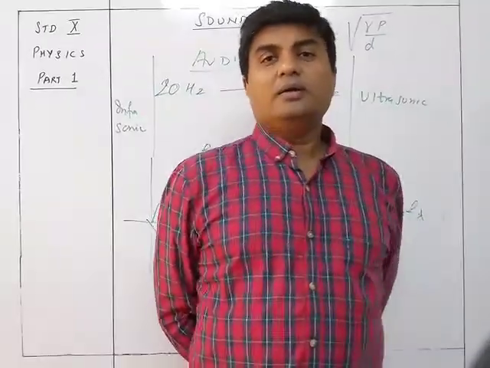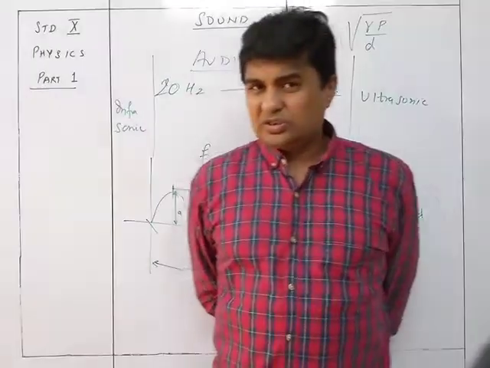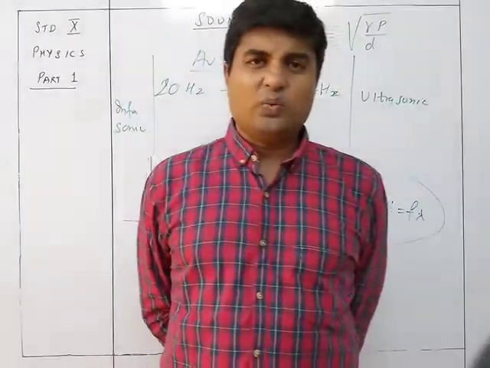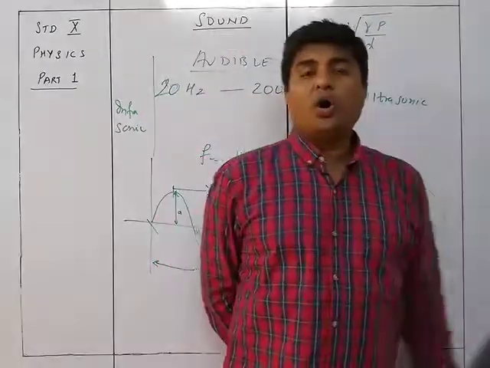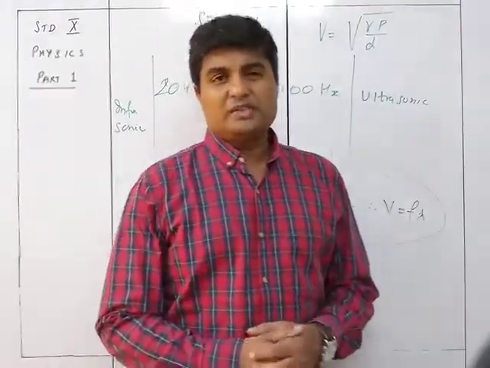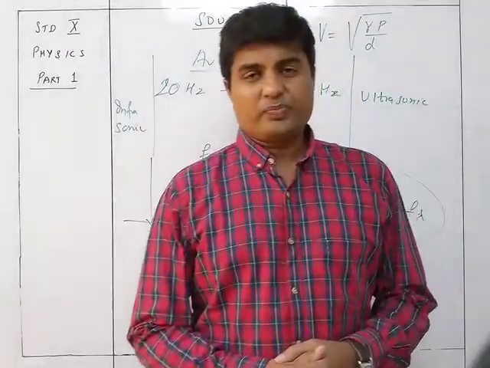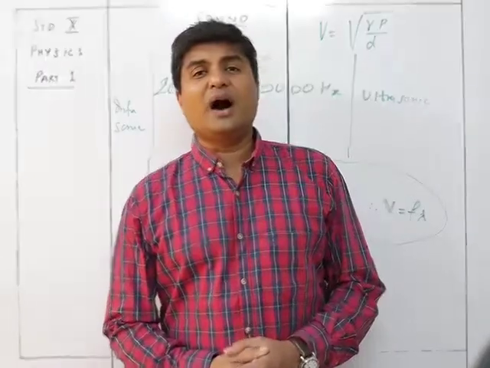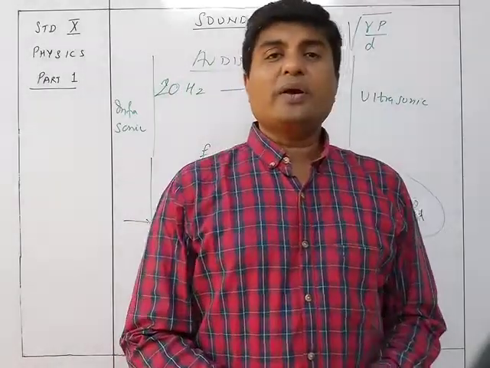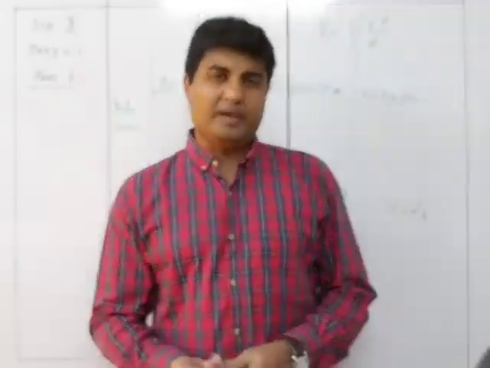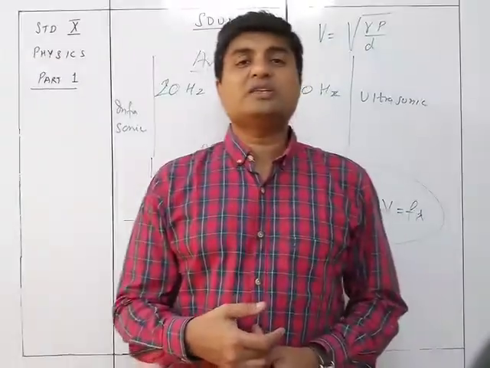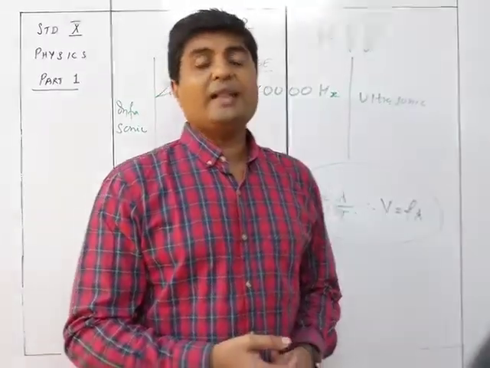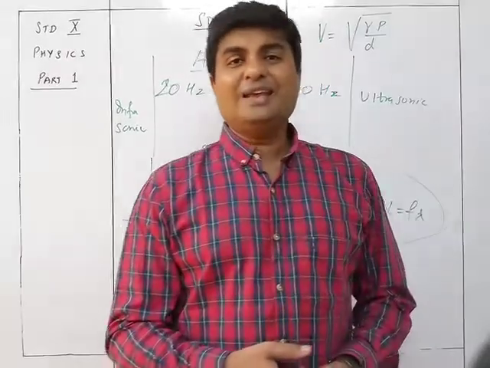So the sound waves, because they are just normal mechanical waves, also follow the principles of reflection. When they hit a hard substance, they get reflected back in the same medium, and the angle of incidence at the point of incidence and the angle of reflection are equal, okay?